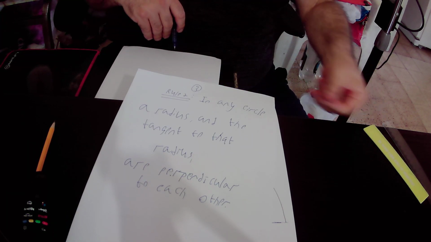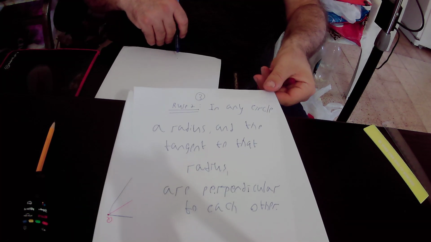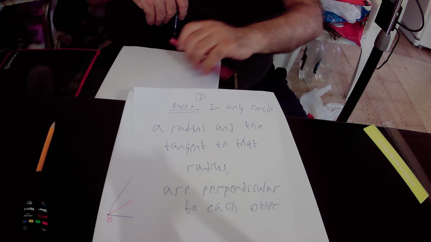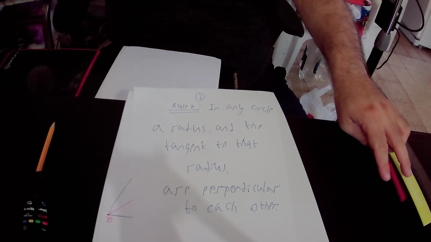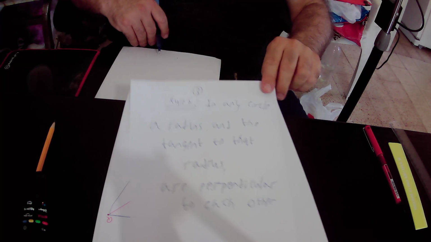I will read again rule number 2. Rule number 2 states that in any circle, a radius and the tangent to that radius are perpendicular to each other.